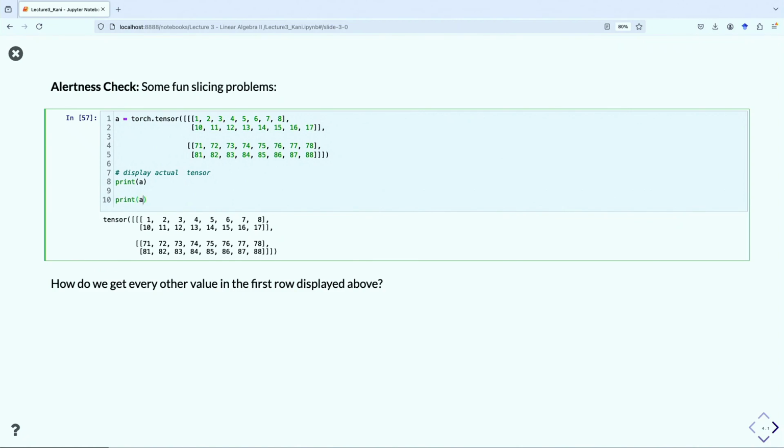So remembering what we did with matrix slicing, we need to slice up each dimension in some way. How should we do it? Good. Excellent. Okay. What should the last one be?